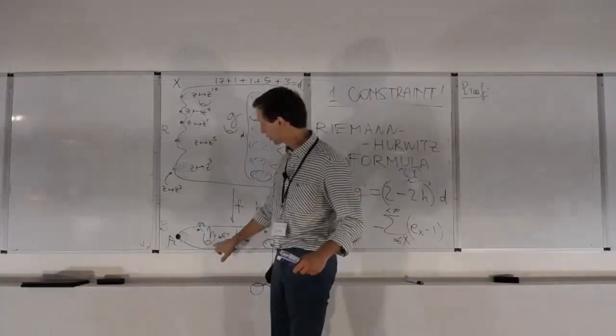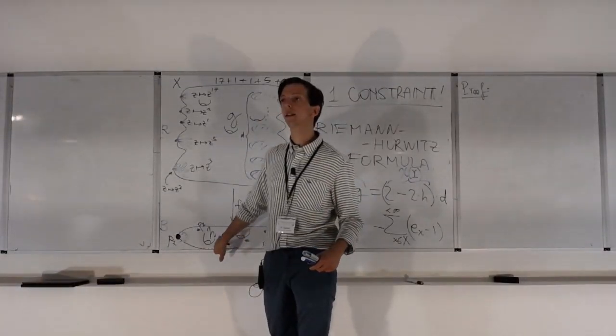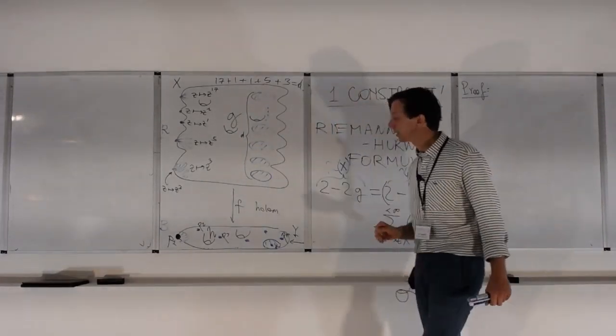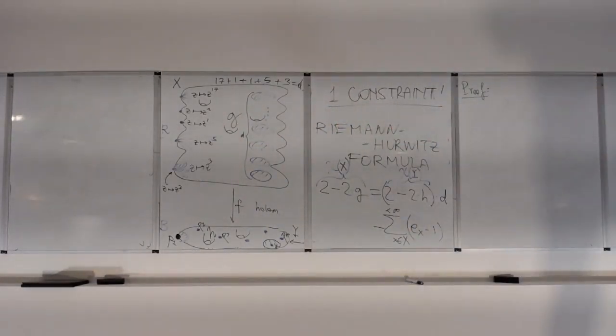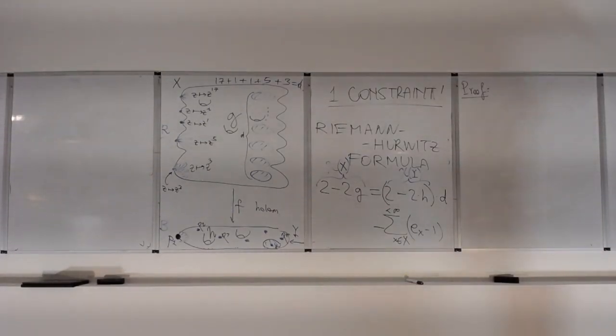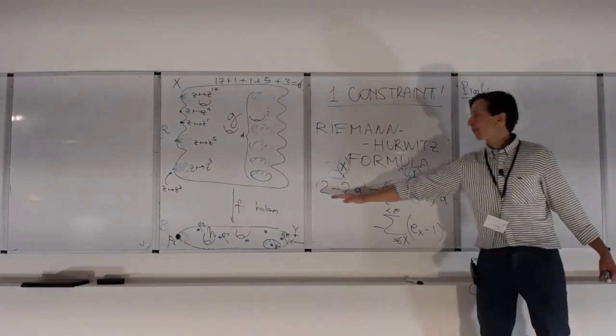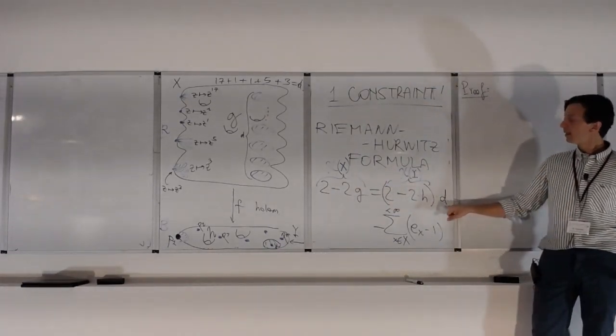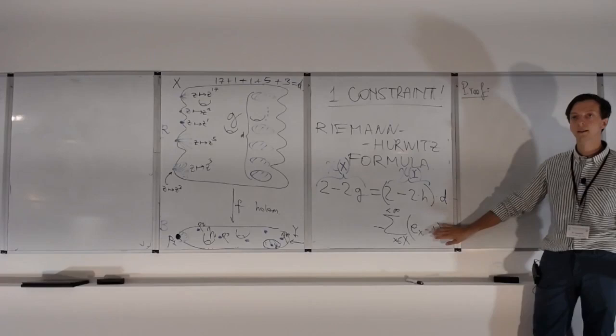H is the genus downstairs, and G is the genus upstairs. So now I'm saying that the Euler characteristic upstairs is equal to the Euler characteristic downstairs times the degree, with a little bit of defect.